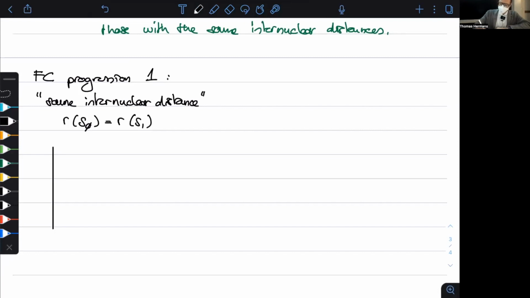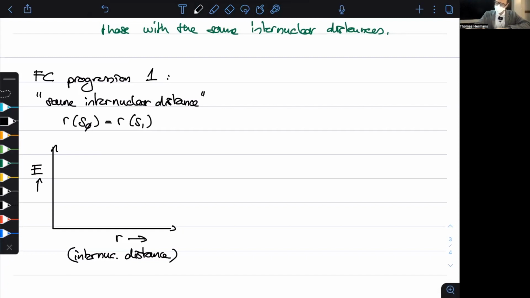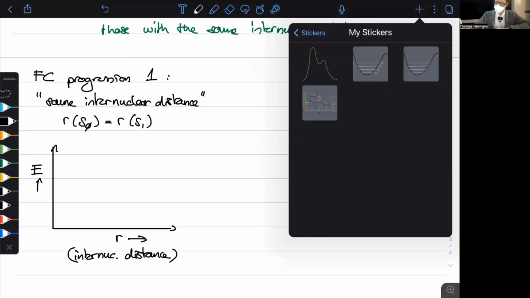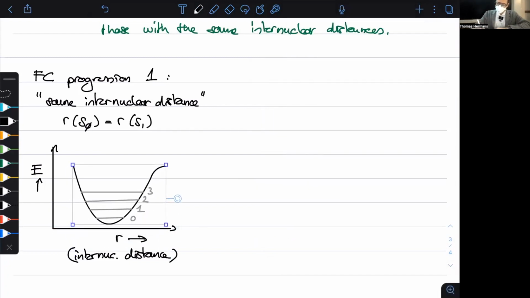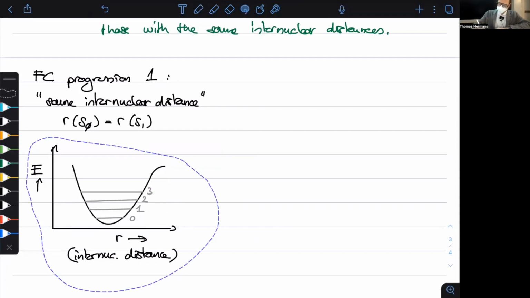Okay, so we're going to draw energy versus R. R is the internuclear distance, the distance between two nuclei. And here we plot energy. I think I have my cheat thing again. Sorry, I'm cheating again, but otherwise this class will take 3 hours.